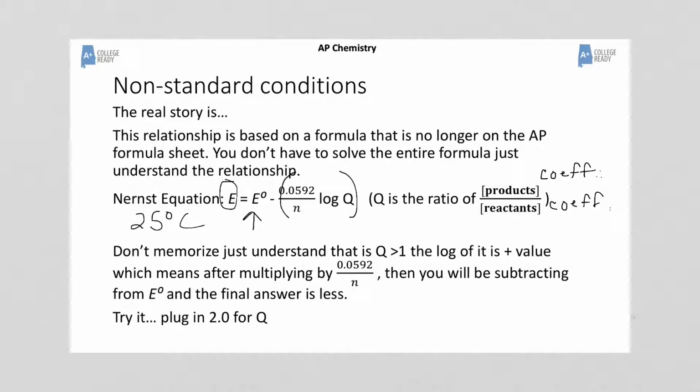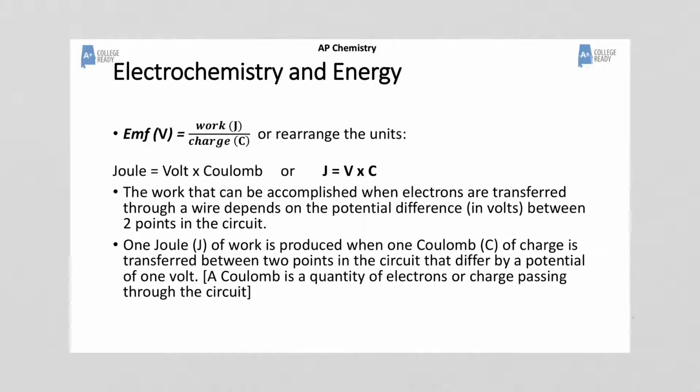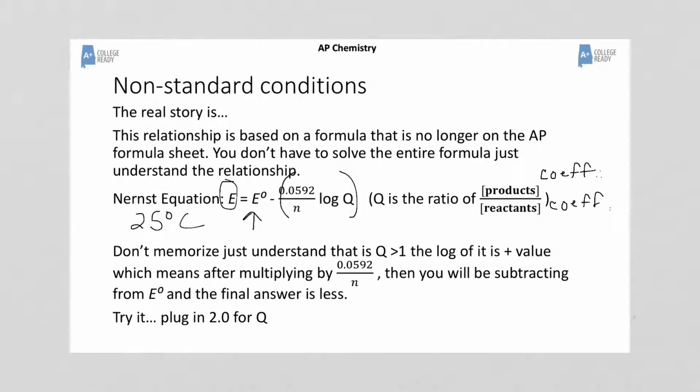So, as I said on the previous slide, if the ratio is greater than 1, the non-standard potential is going to go down because it's going to be subtracted here. If we plugged in a 2, you could do the math, and you would see that whatever the standard cell potential was, you would be subtracting. Now, we can talk about the other scenario, and I guess it's in the notes.